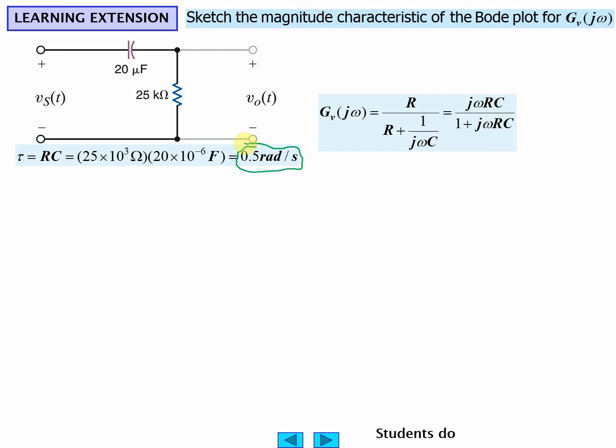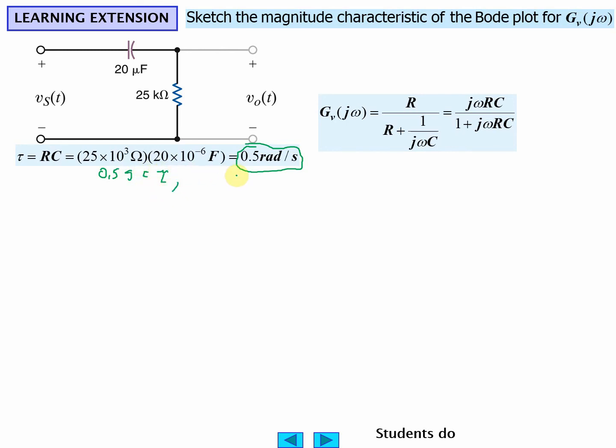Now, tau is in seconds, so let's see. 25 times 20 is 500. 10 to the third, so that's 500 times 10 to the negative third, or 1/2, 0.5 seconds equals tau.